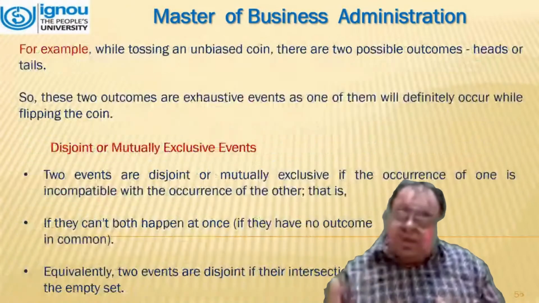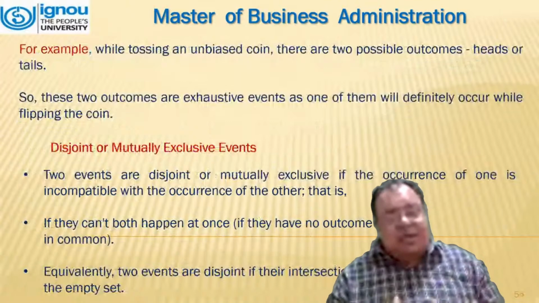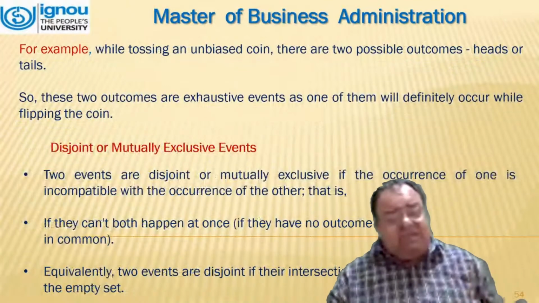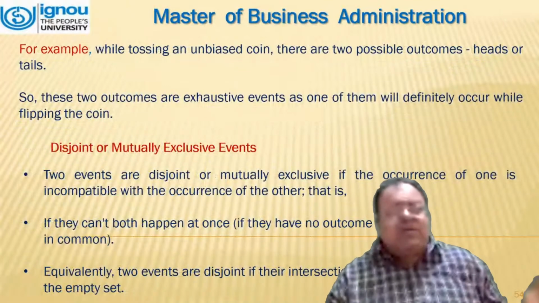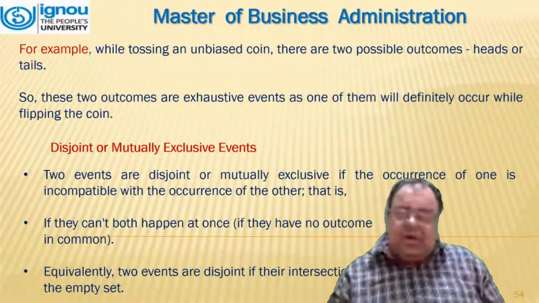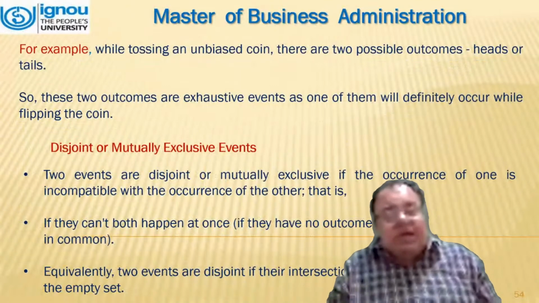For example, while tossing an unbiased coin, there are two possible outcomes, a head or a tail. So these two outcomes are exhaustive events, as one of them will definitely occur while flipping the coin. It's very well understood. The coin is not going to stand straight. It will land on the ground.